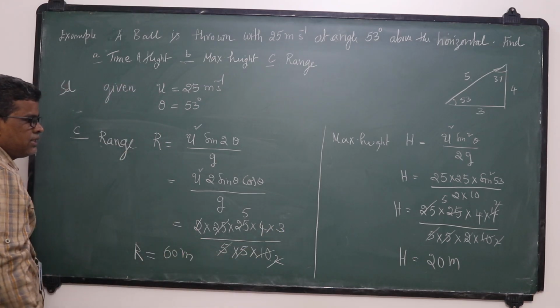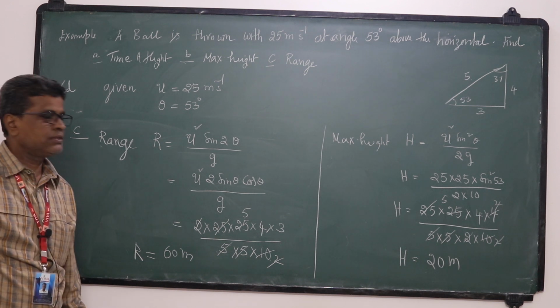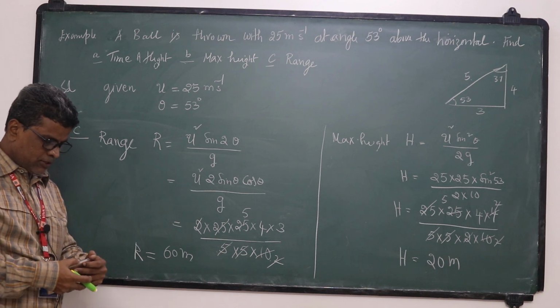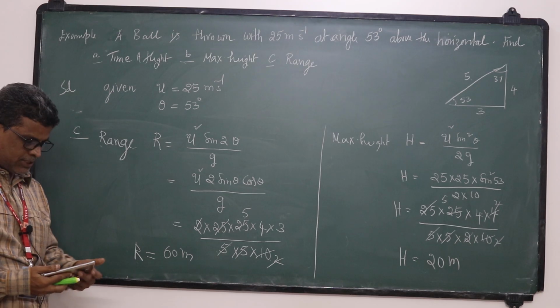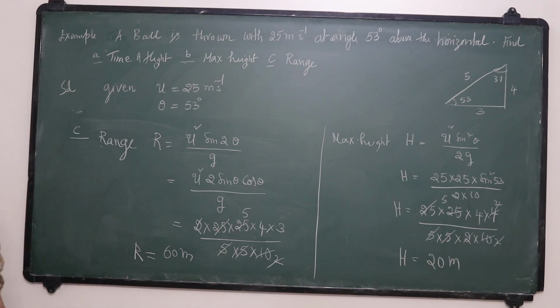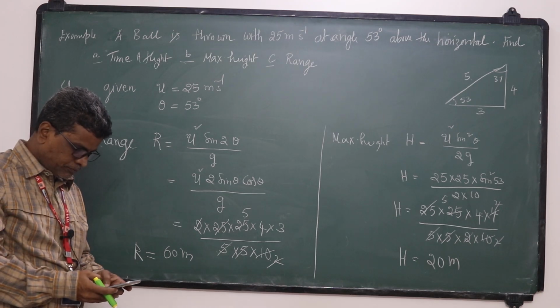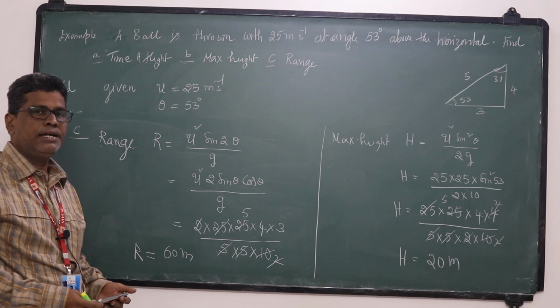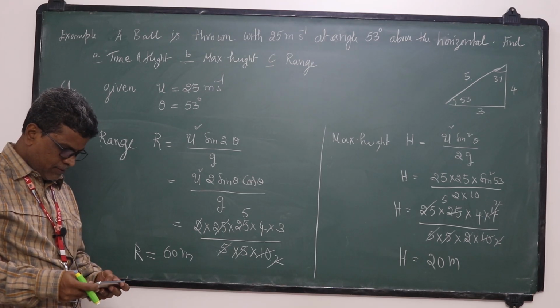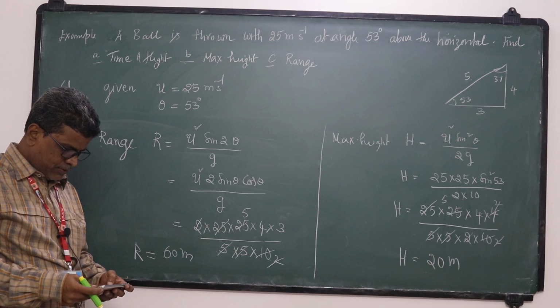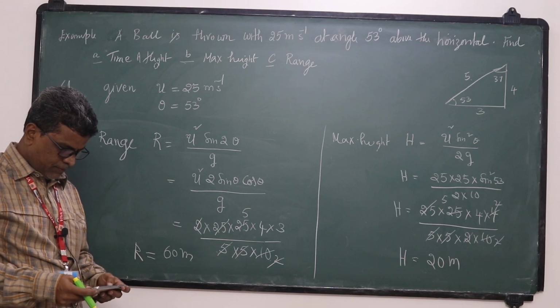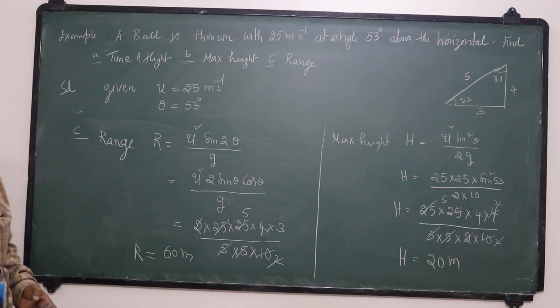So range we got as 60 meters. So time of flight is 4 seconds, maximum height is 20 meters, and range is 60 meters. Okay. Next problem.